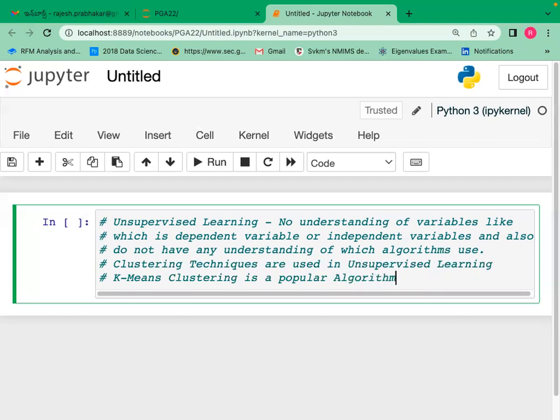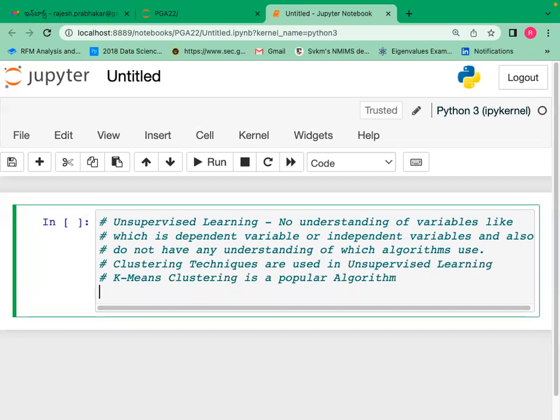K-means clustering is a popular algorithm.